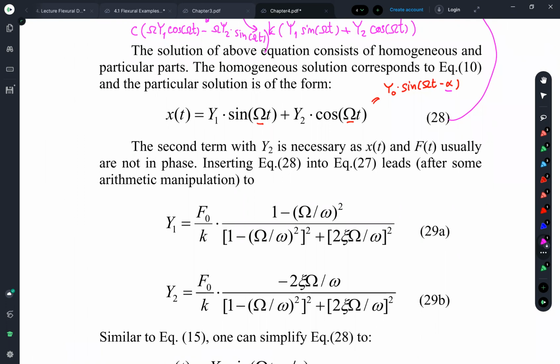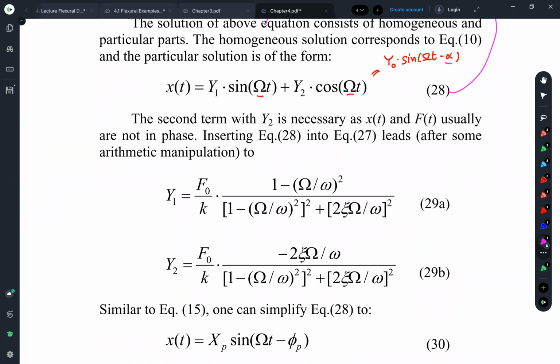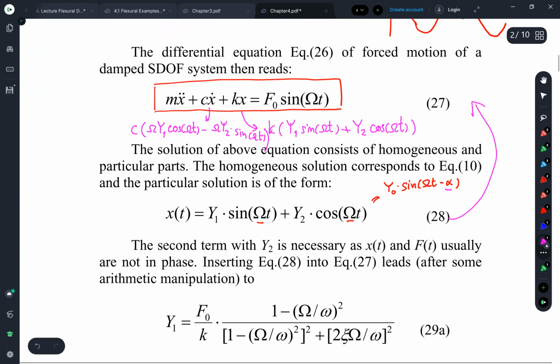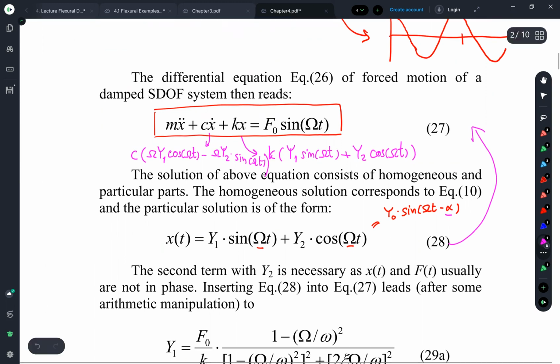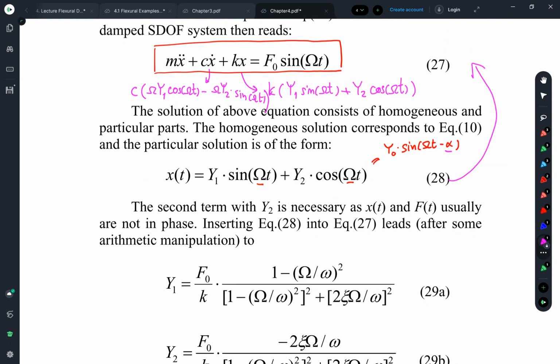But the form of 28 has sine and cosine, so it's not easy, at least for me, if you ask what the maximum displacement is under the external force F0 sine big omega t as in equation number 27. It's quite difficult. In equation 28, the displacement is defined as the summation of two terms, sine and cosine.